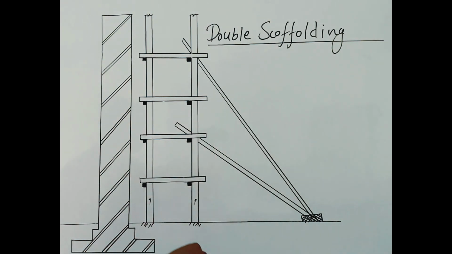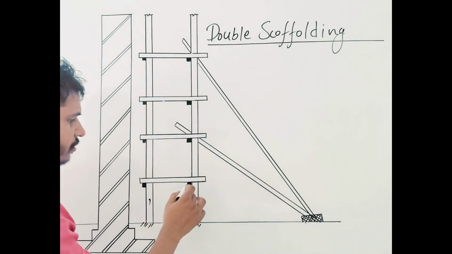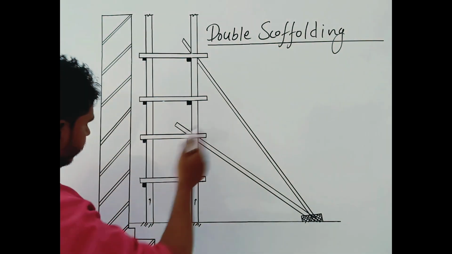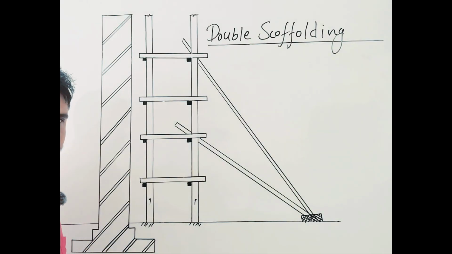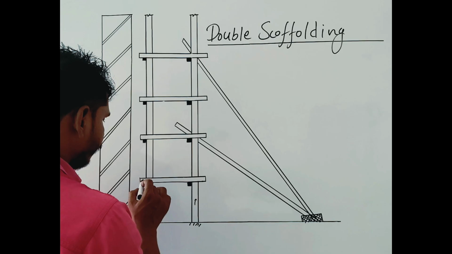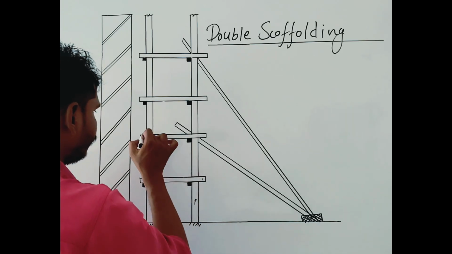As in single scaffolding, the ledger is a horizontal member parallel to the construction. On the ledgers we can put our put logs.